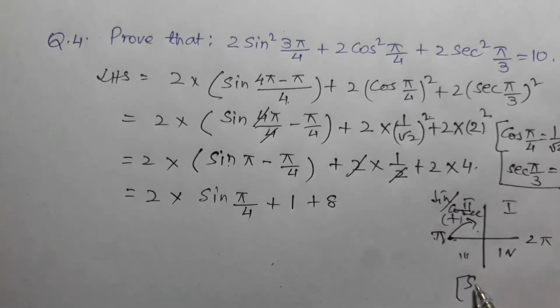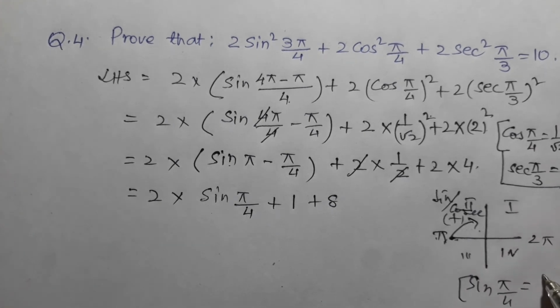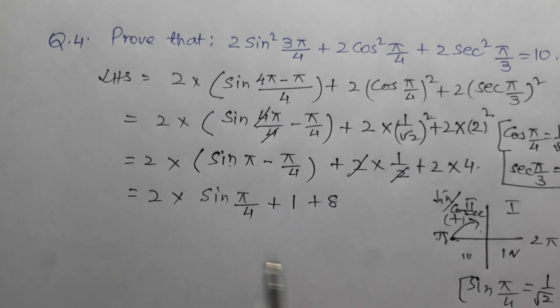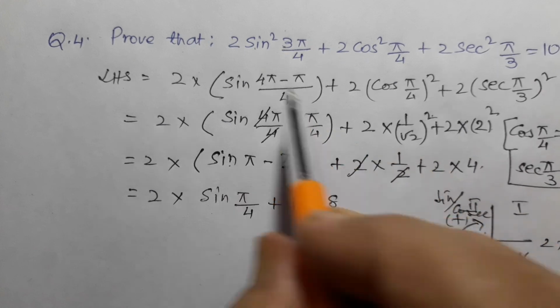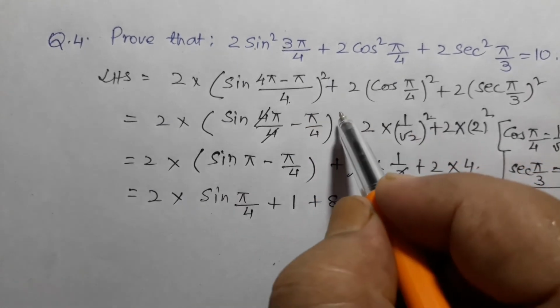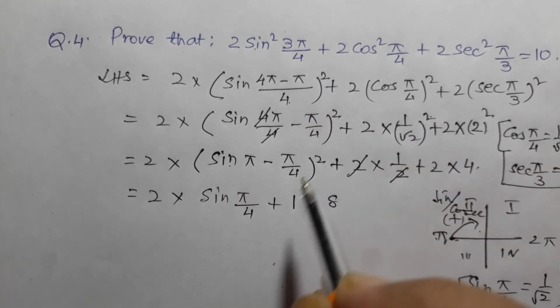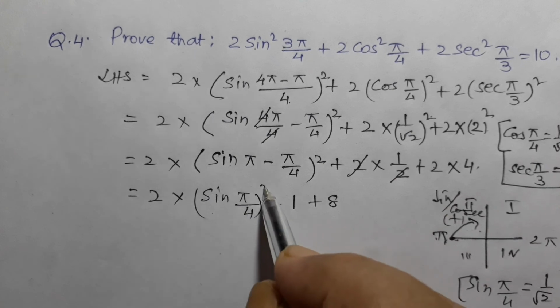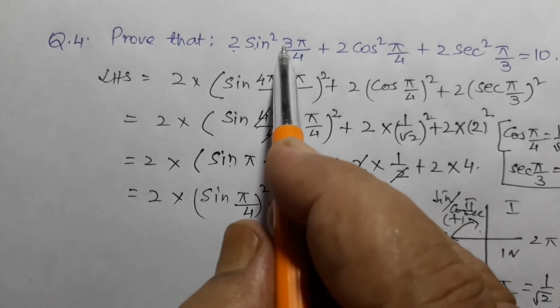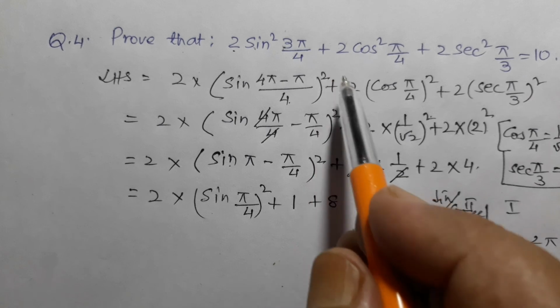Now sine pi by 4 equal to 1 by root 2. Here it is sine square, so it will be a square here also. In question it is 2 sine square 3 pi by 4, so it will be a square everywhere.